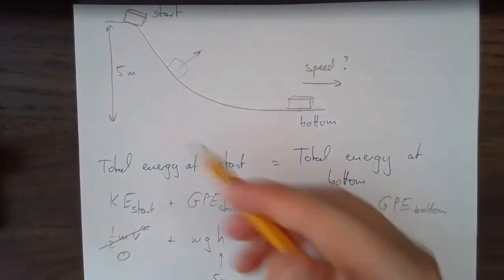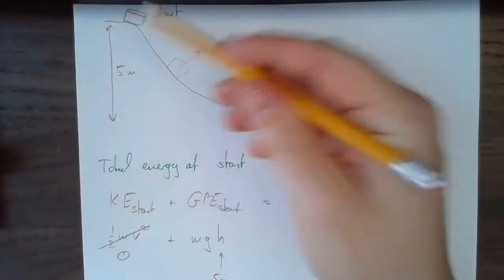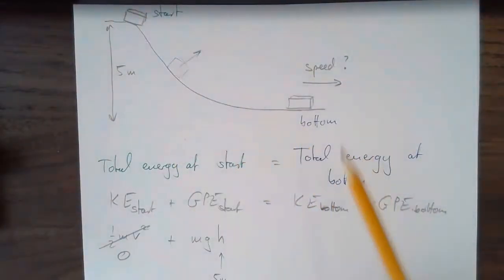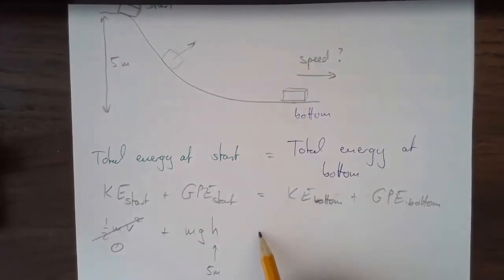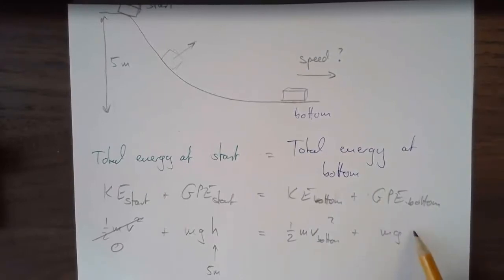Notice, it's the height, the literal vertical height, not the length of the ramp. It's just the height. How high up is it? It's all that matters. And that is 1/2 m v, the speed now at the bottom, squared, plus mg h, and this is h at the bottom, and I think that is 0 because we're at the bottom. This is of course at the start.